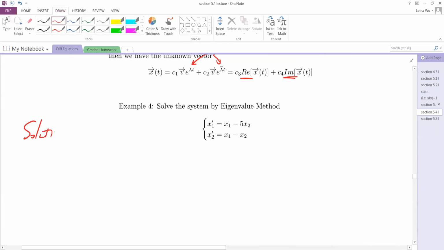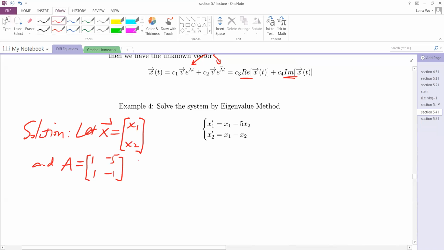Let's follow what we did last time. Solution: first of all, we have the unknown vector x, containing unknowns x1 and x2. And what about matrix A? It is 1, -5, 1, 1, -5, 1, -1.